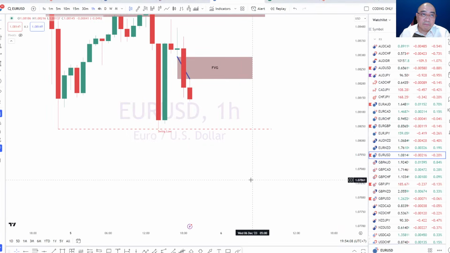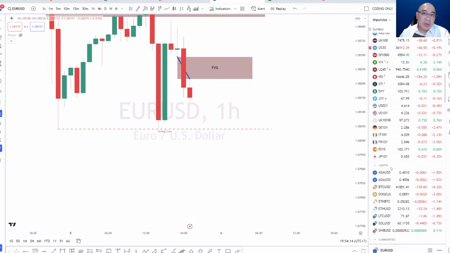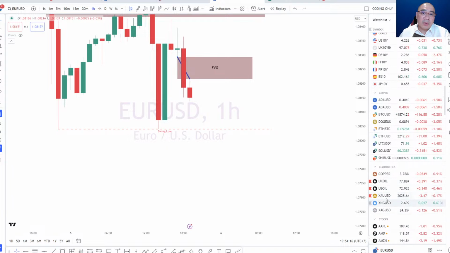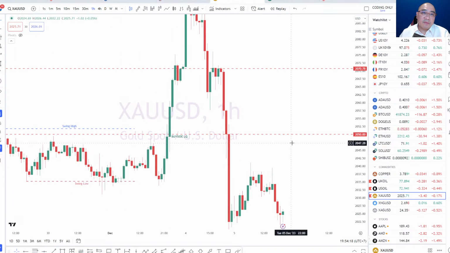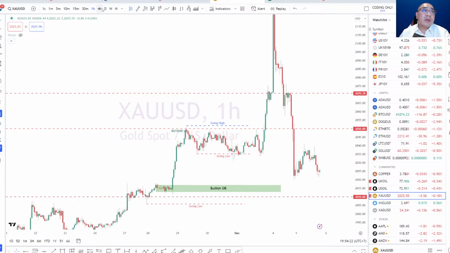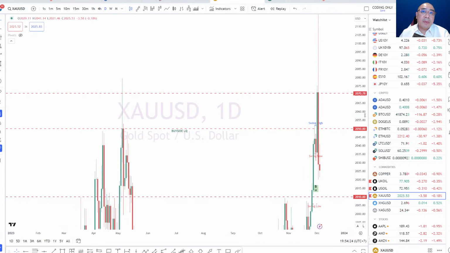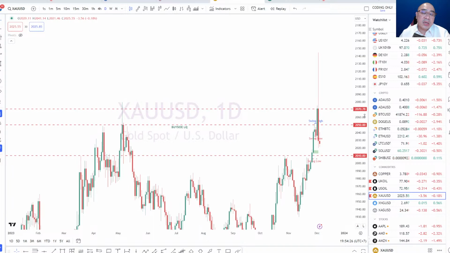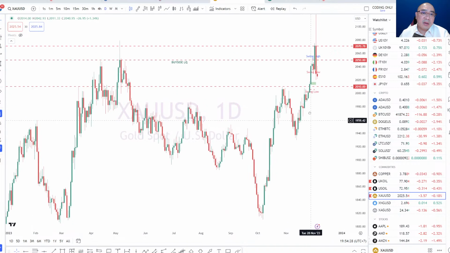I can right now explain this on gold. Remember that gold rally at the start of the conflict, right? I can go to daily. I believe that level was 1830?